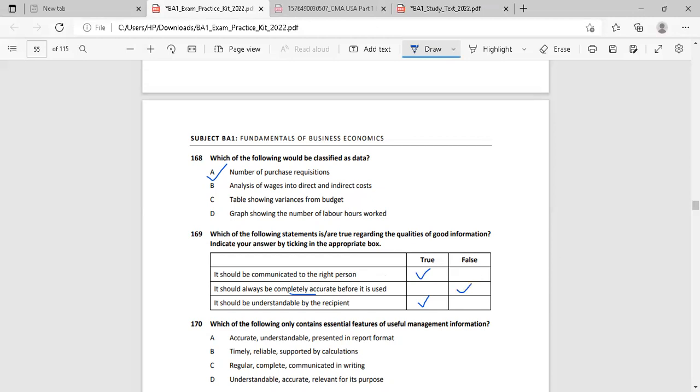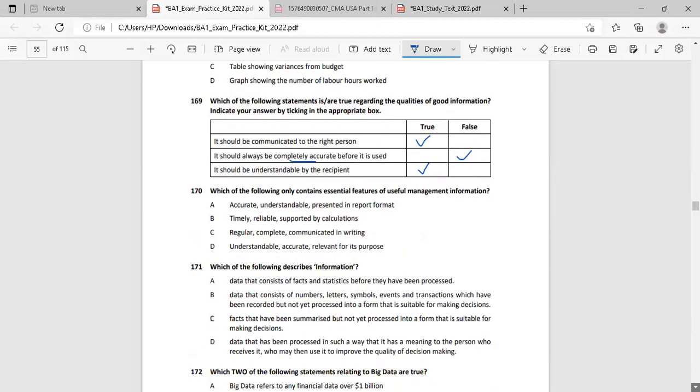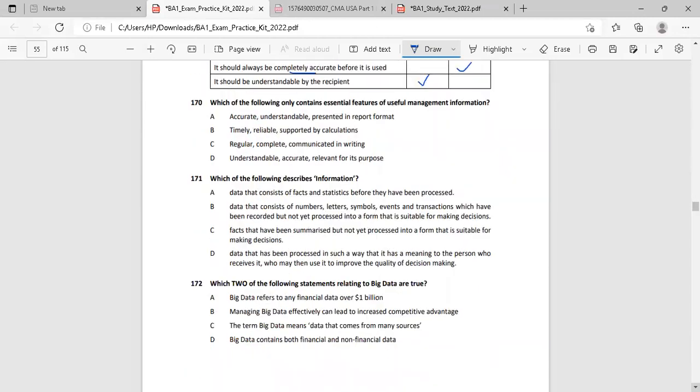Which of the following only contains essential features of useful management information? Accurate, understandable, presented in report format, timely, reliable, supported by calculations, regular, complete, communicated in writing, understandable, accurate, relevant for its purpose. In the wrong answers, one aspect is wrong.